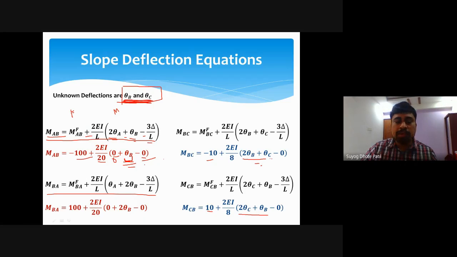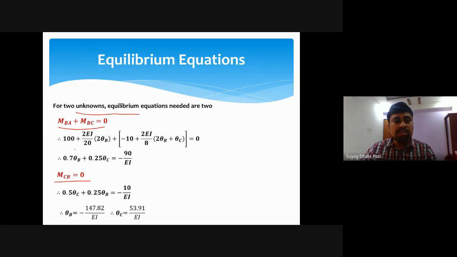So remember that these equations are constant for different numericals and different members, but this equilibrium equation will change from numerical to numerical. It will change depending upon the support conditions.